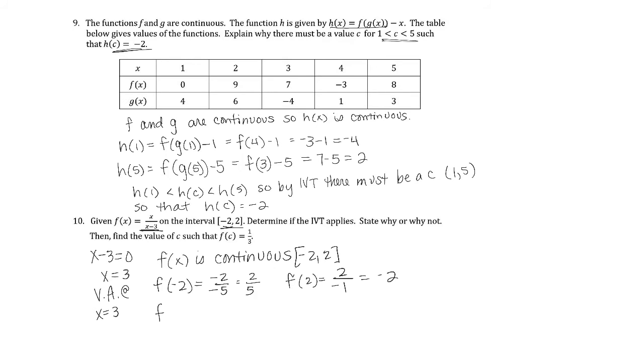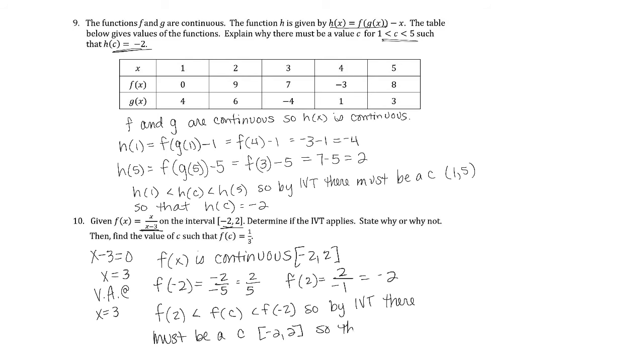So we're going to say f at 2 is less than f at c, and that's going to be less than f at -2. So by the intermediate value theorem, there must be a c inside the interval -2 to 2, so that f at c equals 1/3.